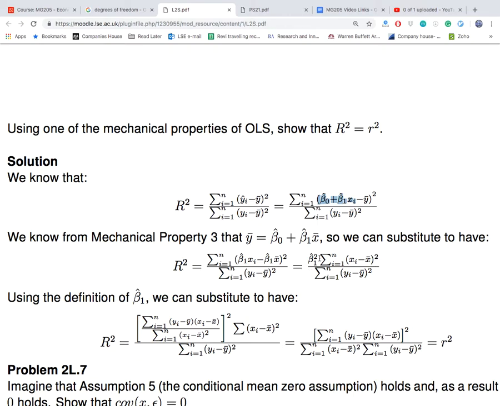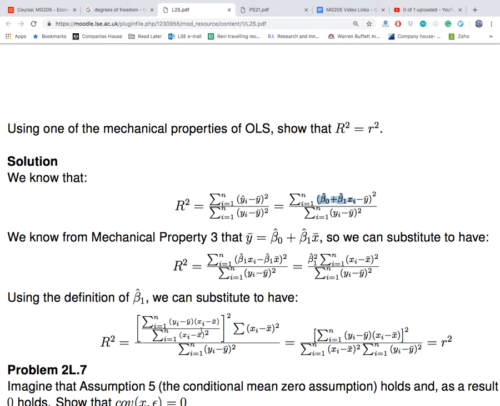Now here's one thing that we did not do in the video, and perhaps I should have hinted towards this, is that at this stage you could have gotten stuck. Okay? You could have gotten stuck on what to do here. But we know the formula for beta 1 hat, and this is the formula for beta 1 hat from your lectures. We derived this in question 6 of problem set 2.1.